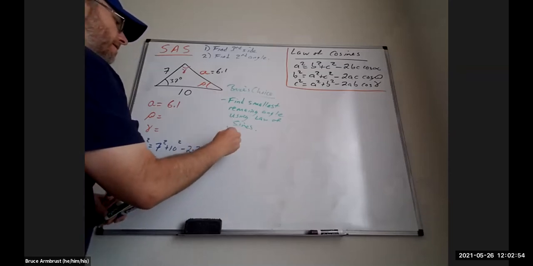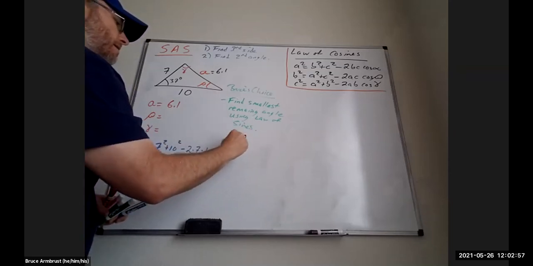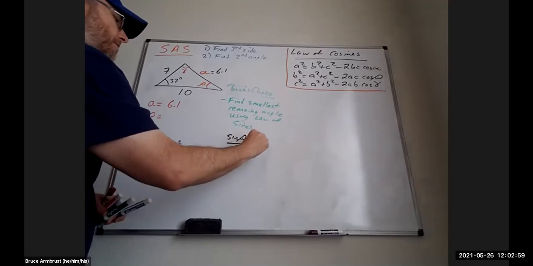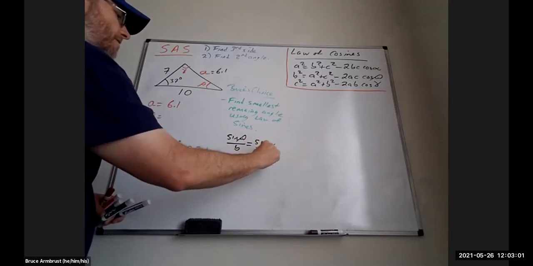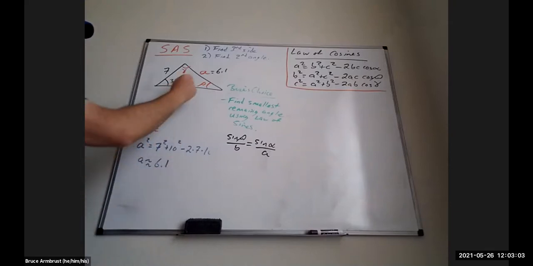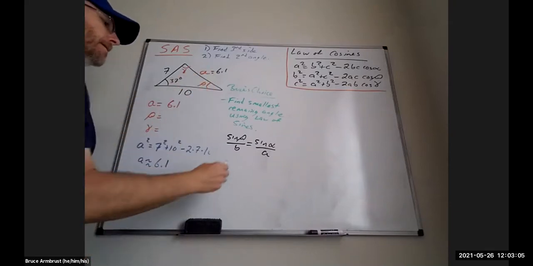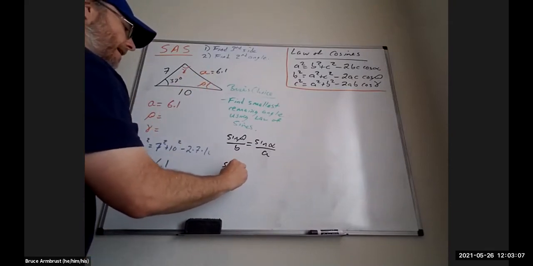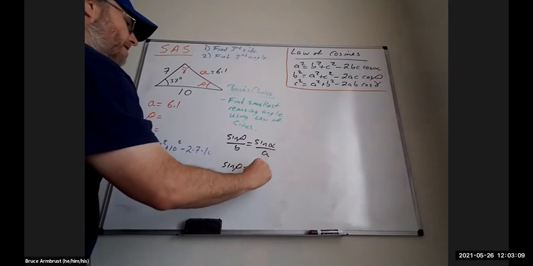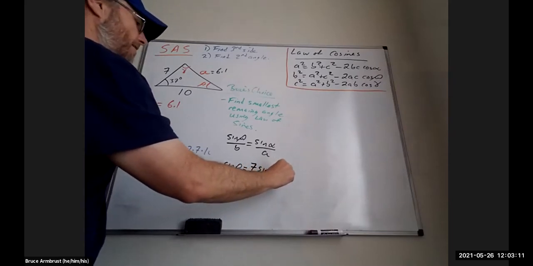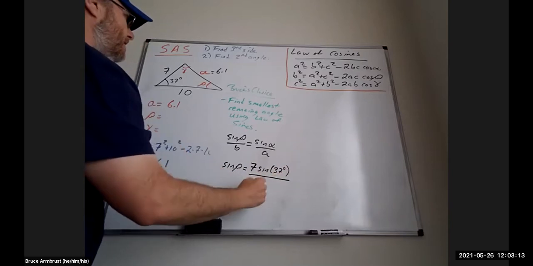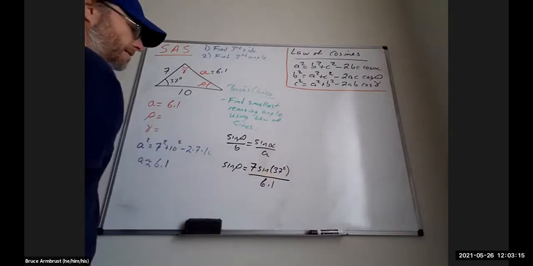So I have sine of beta over b is equal to, and then I need to go to the angle that I actually know. I got the angle side pair of A. So sine of beta then is going to equal 7 times the sine of 37 degrees divided by 6.1.